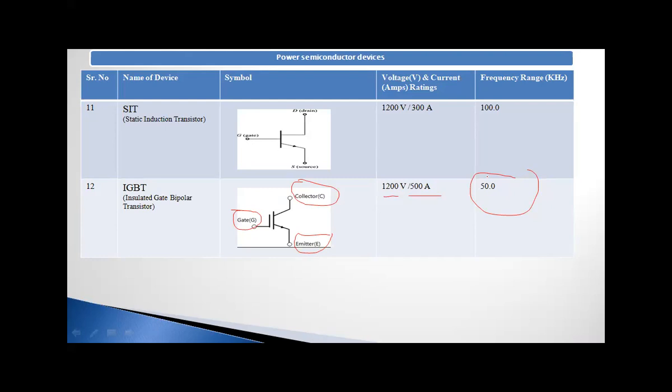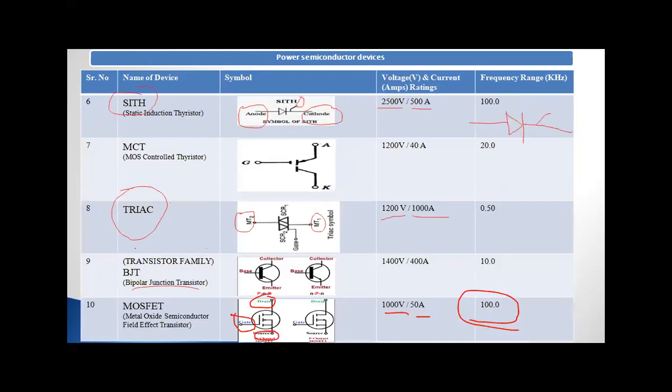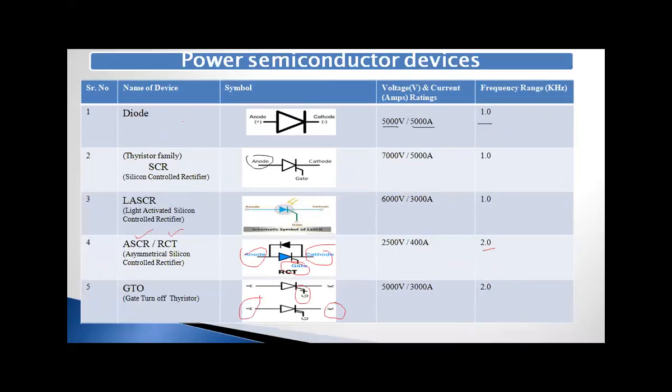Diode is an uncontrolled device. Clear? Thyristor is a semi-controlled device. Transistor is a fully controlled device. Based on the controlling, the switches are classified into three types: uncontrolled, semi-controlled, and fully controlled.